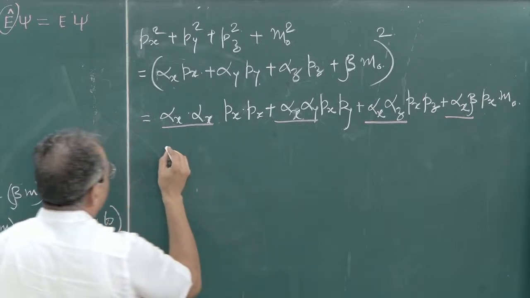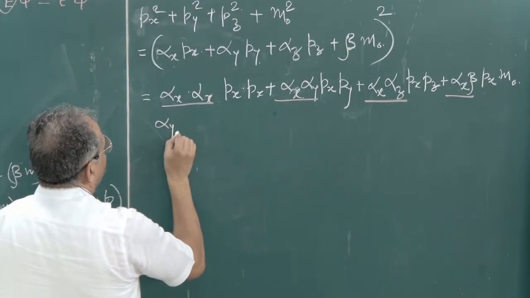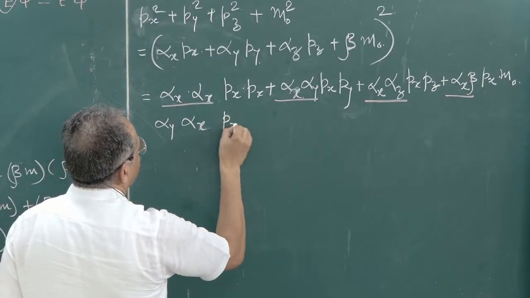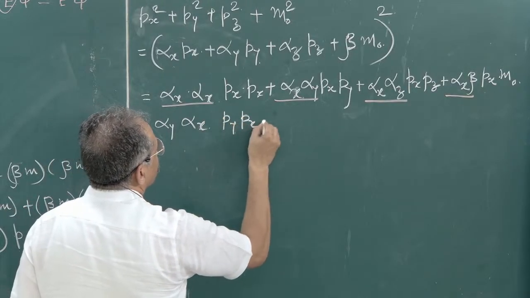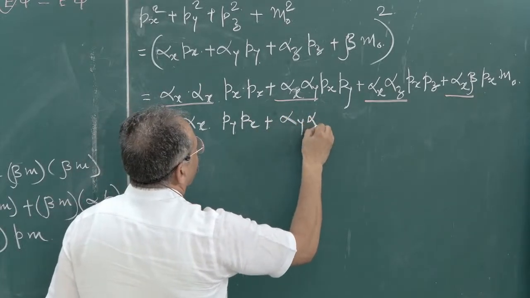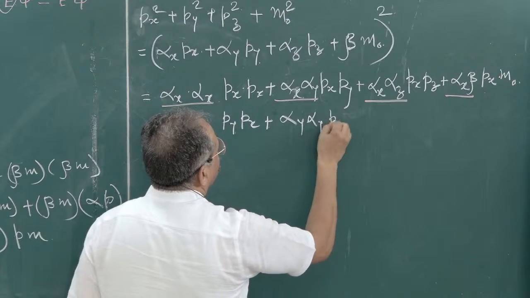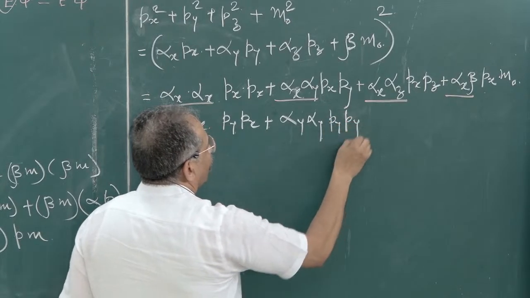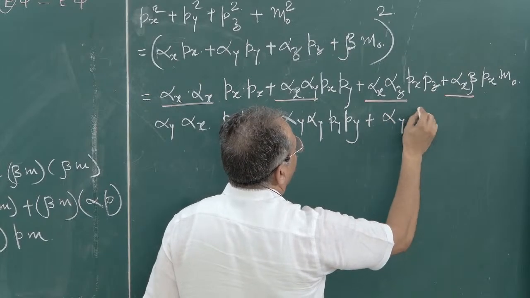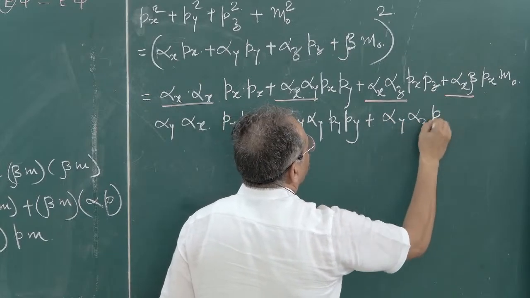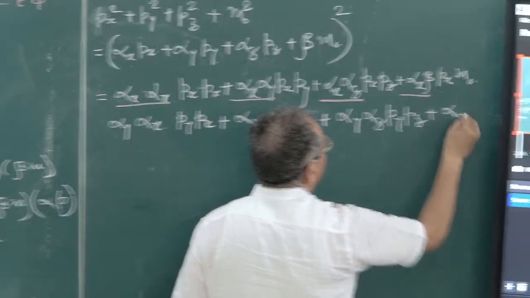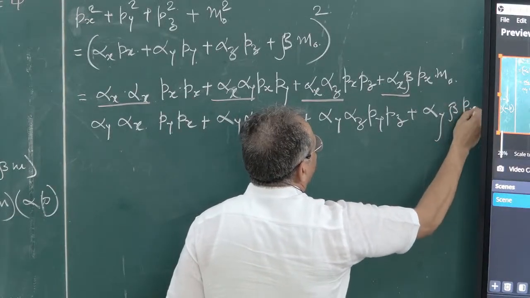Similarly, the next will be alpha y alpha x, so py px plus alpha y alpha y py py plus alpha y alpha z py pz plus alpha y beta py m0.